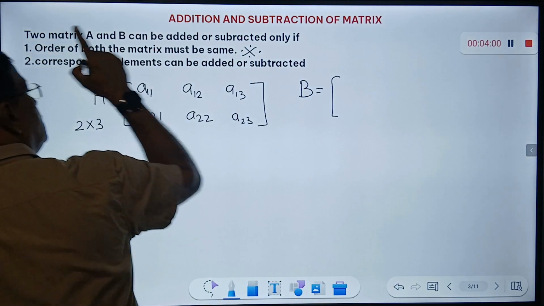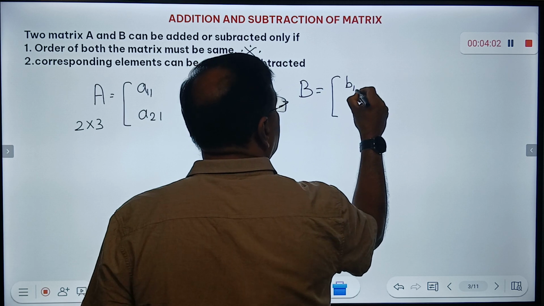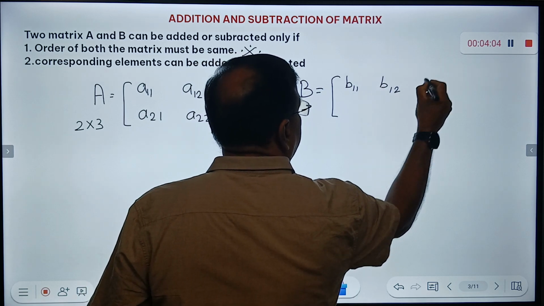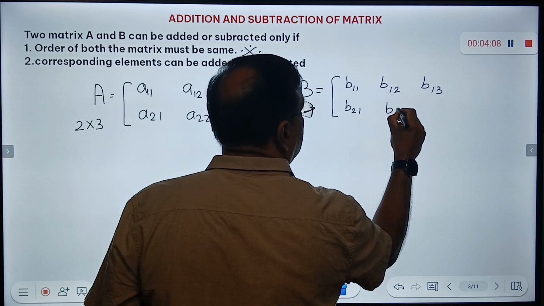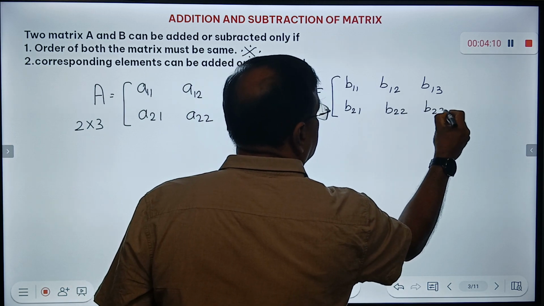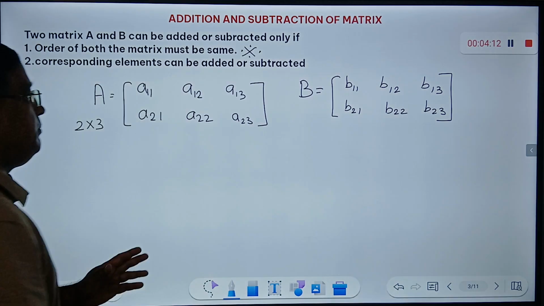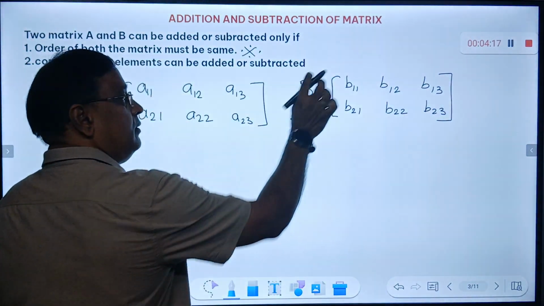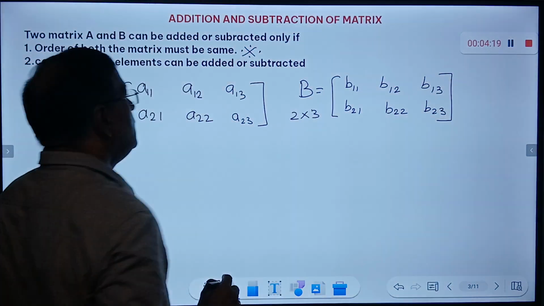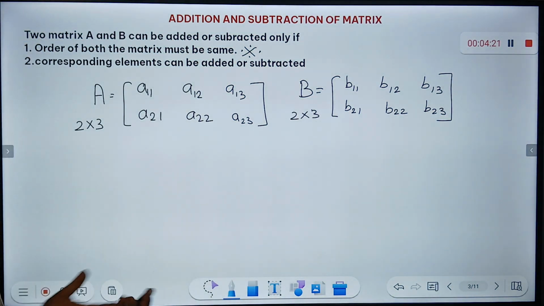By this condition, it should also be of order 2 by 3, with entries b21, b22, b23. So I have two matrix A and B, both of the same order. Only then you can add. Now how do I add?